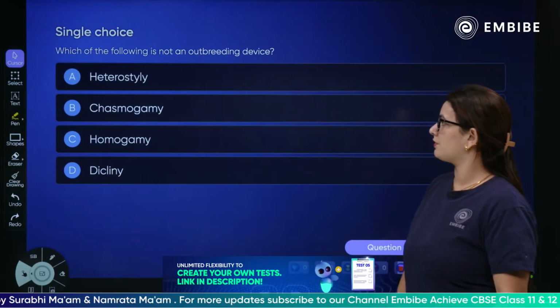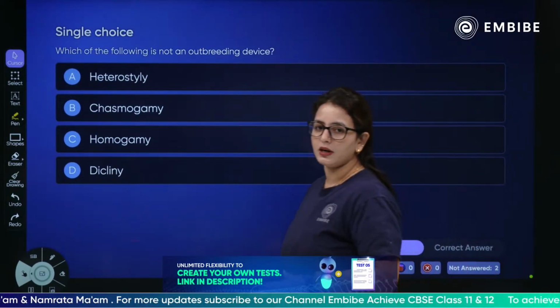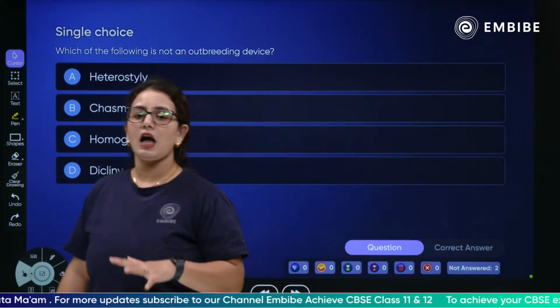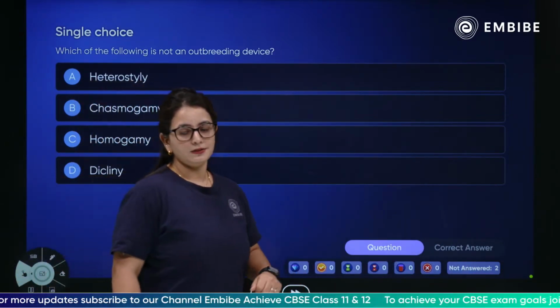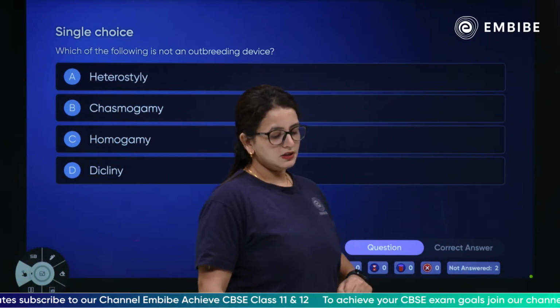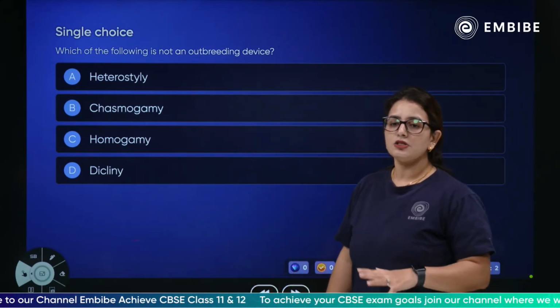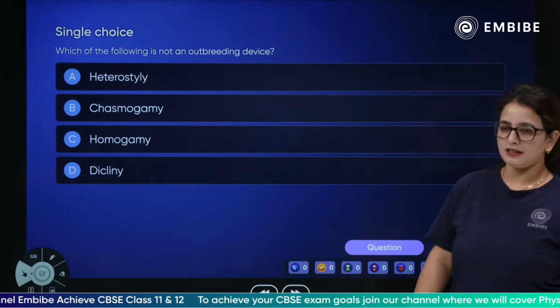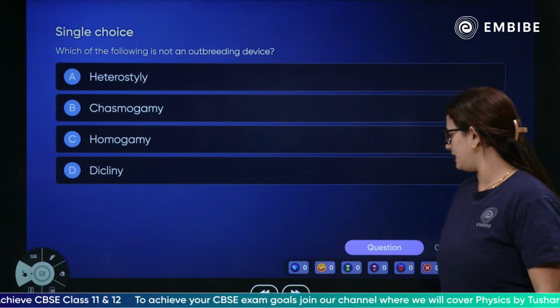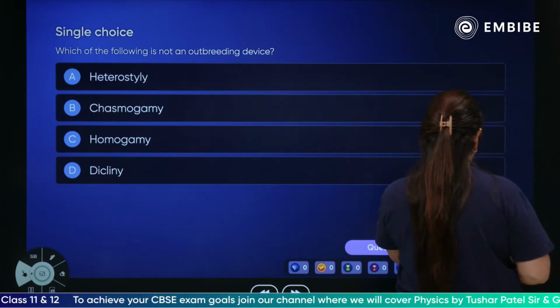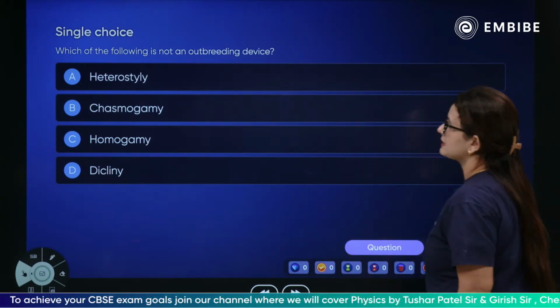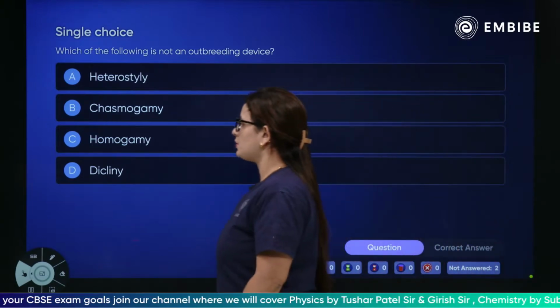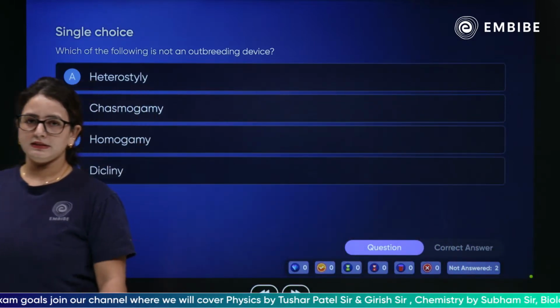But before you go, children, we have another question related to it. Which of the following is not an outbreeding device? Heterostyly, chasmogamy, homogamy, dicliny.